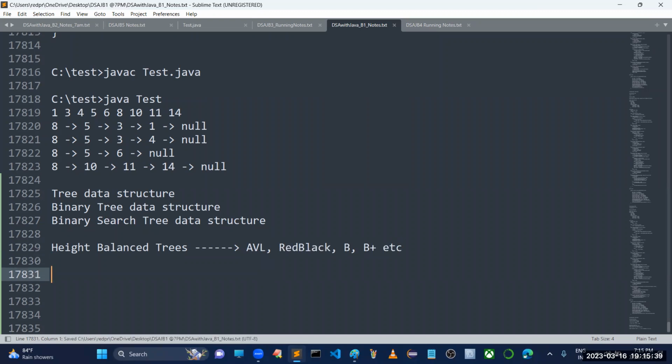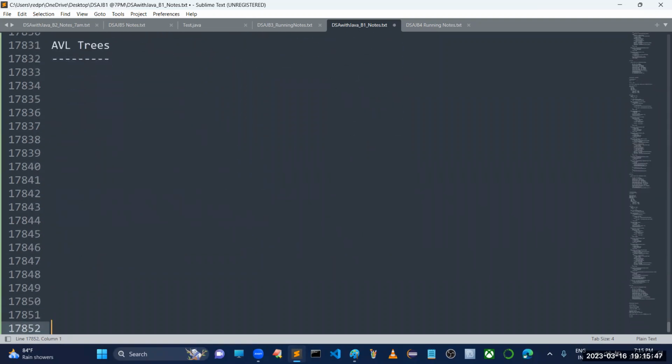But in today's session, I'm going to talk about AVL trees. Sir, what is meant by this AVL? Very simple. AVL trees are self-balancing trees. For every node, we are going to take a balance factor, BF.